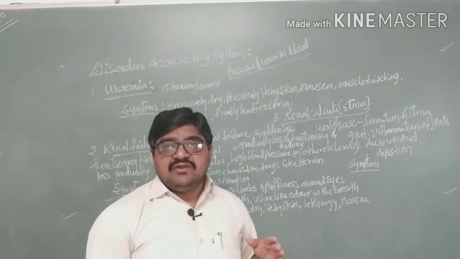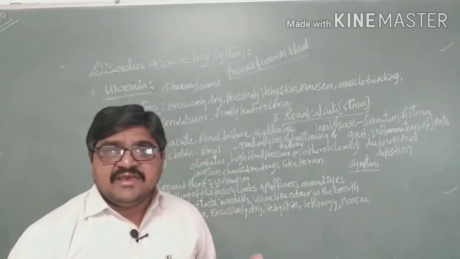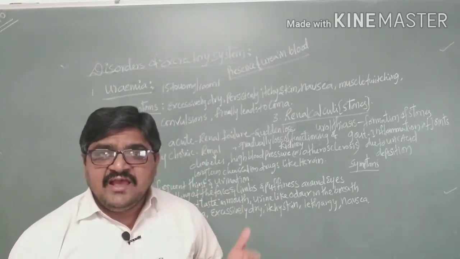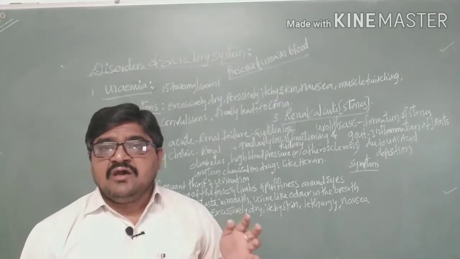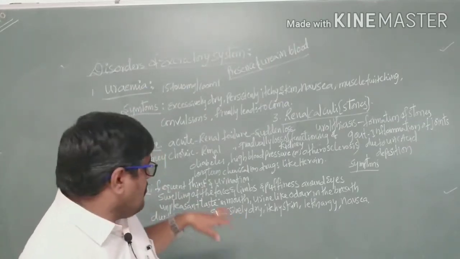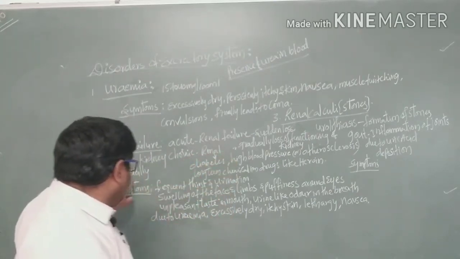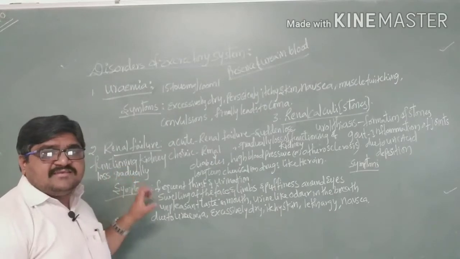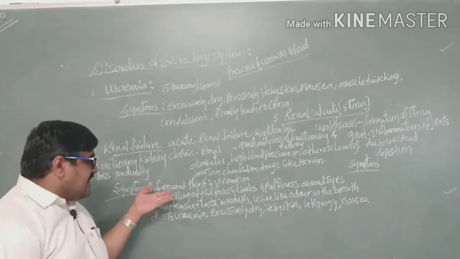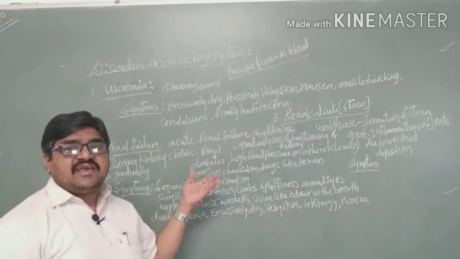Even if you take medicines, it is not possible to cure it, and it gradually leads to loss of kidney capacity. This condition we call chronic renal failure. The symptoms are frequent thirst and urination.